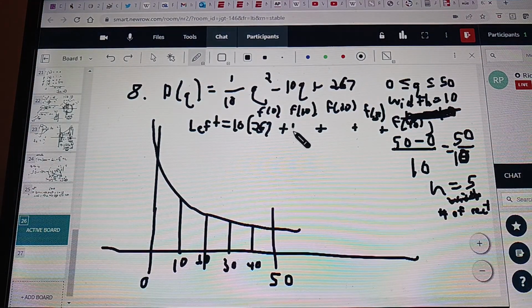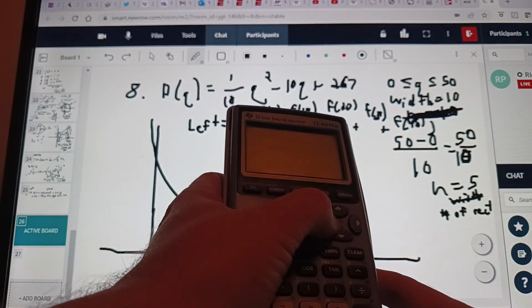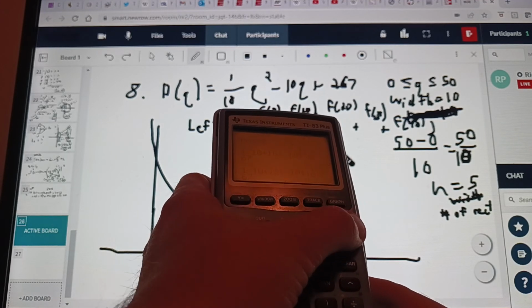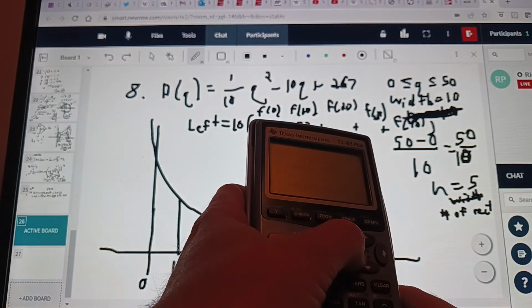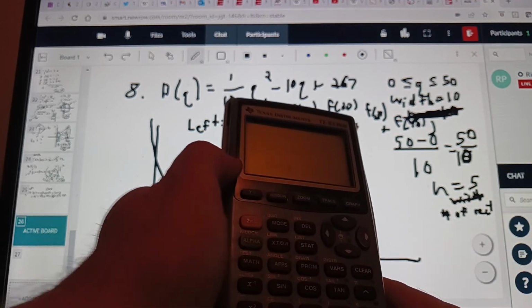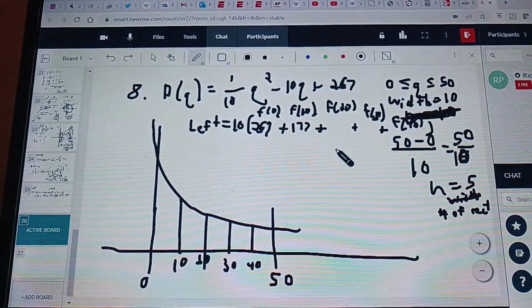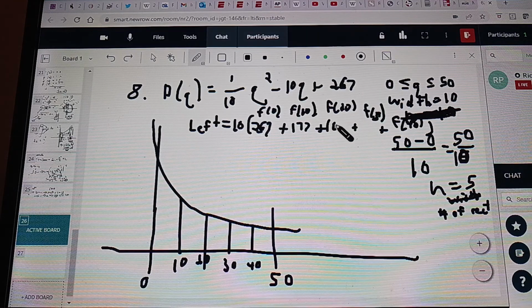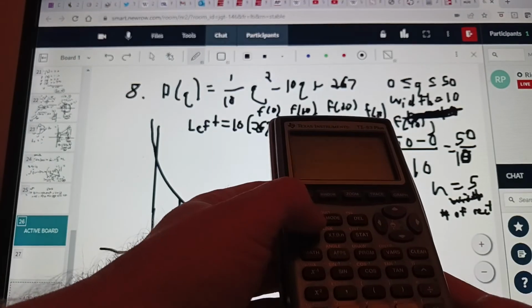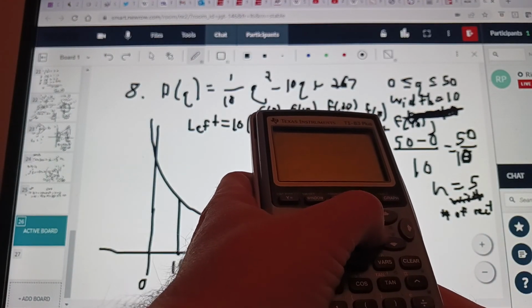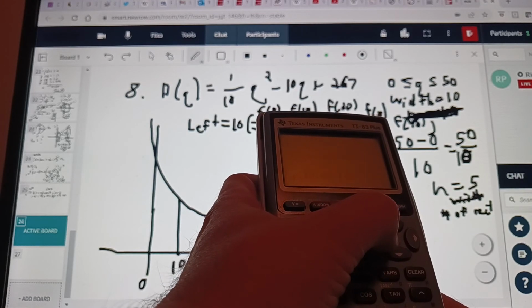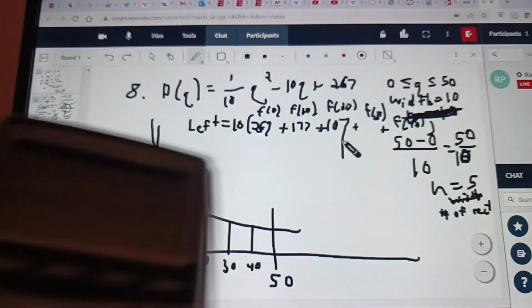And I wanted to do it in my graphing calculator because then I can do second enter and change all the 10s to 20s. Okay, so this one needs to be a 20 and this one needs to be a 20. So f of 20 is 107. Whoops, f of 30, change the two 20s to 30s. 57.